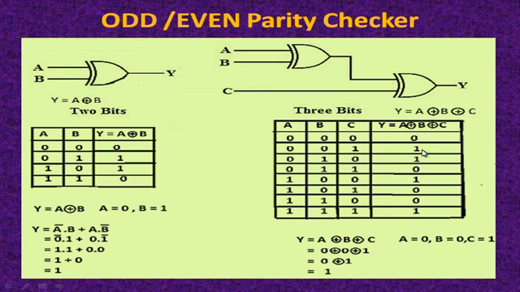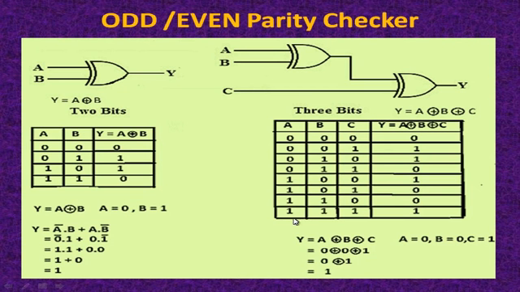So in case second, case third, case fifth, and this last eighth case, in all these cases you can observe that an odd number of inputs are high. Is that clear? Here also an odd number of inputs are high, so the output will be high. And what about the remaining? There is an even number of inputs high, therefore the output will be 0.